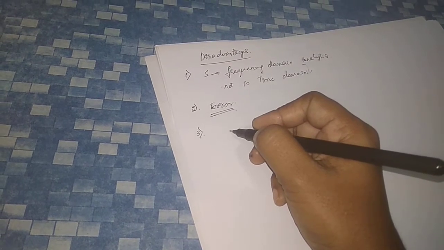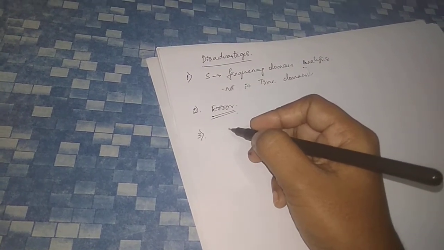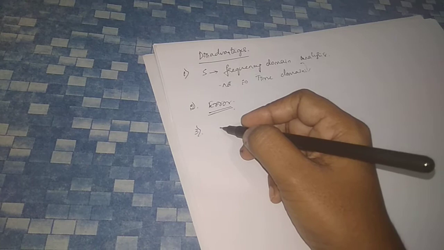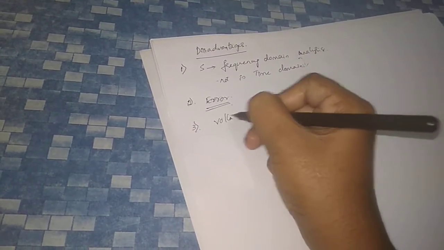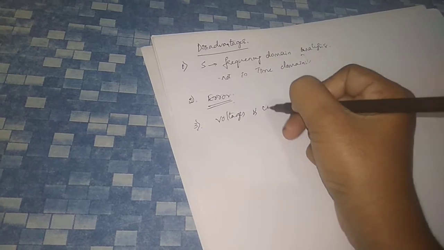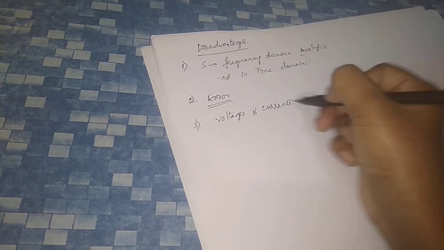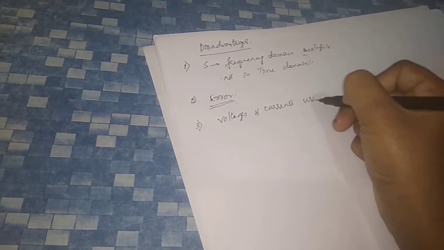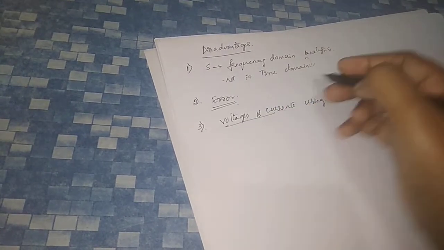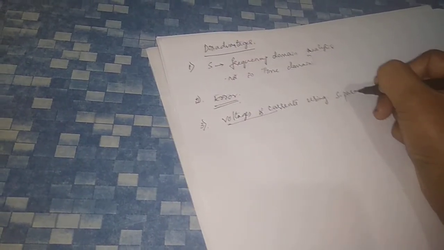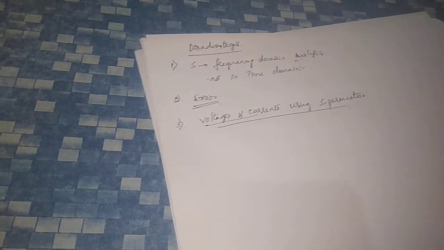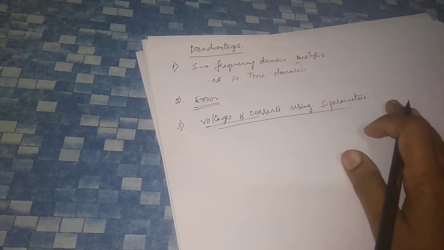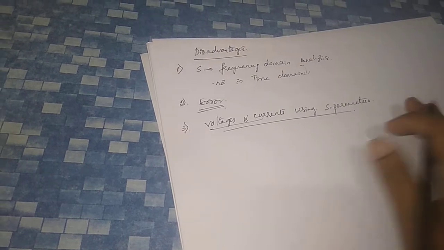So you can't describe the network in terms of current and voltages using S parameters. Nowhere can you use the values of voltages and currents. You can't describe the values of these using S parameters. So these are the disadvantages of using S parameters.